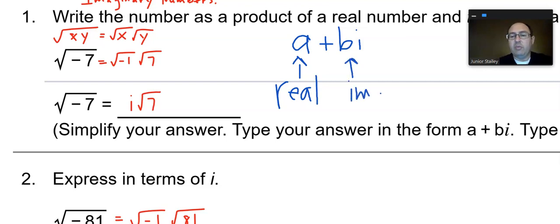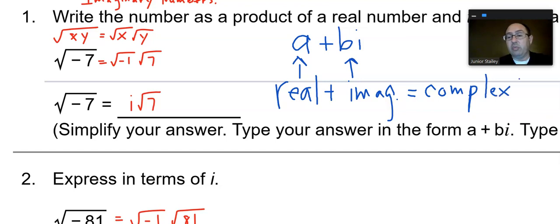Now, when you put a real plus an imaginary together, you get what's called a complex number. Okay, complex number just means that's actually the biggest group of numbers out there. The reals are inside of the complex numbers. So the imaginaries are also inside the complex numbers. So if you add a real and an imaginary together, you get a complex.